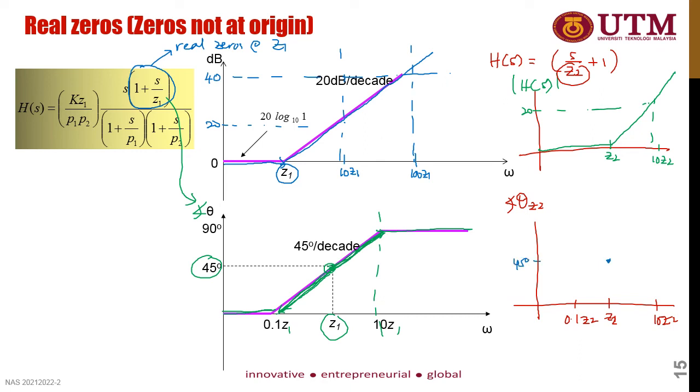So extend the line 45 degrees down, and to the next decade 45 degrees up. So here is 90, so this is the next decade. This is the phase response for Z2, and don't forget to extend a constant value from the maximum 90 degrees onwards, and it will be 0 before the 0.1 Z2 decade.